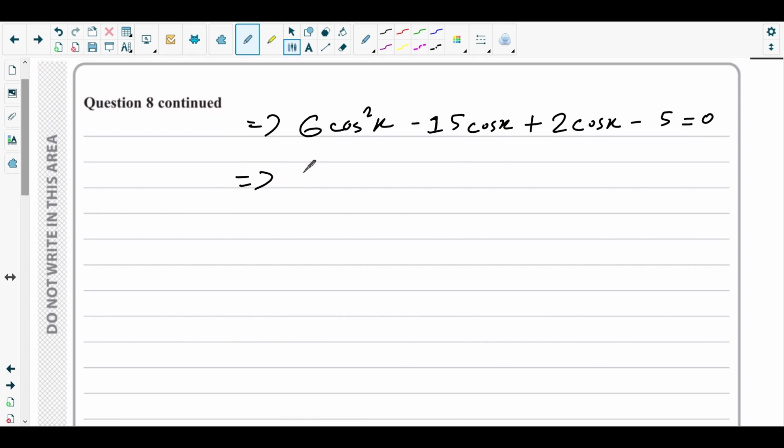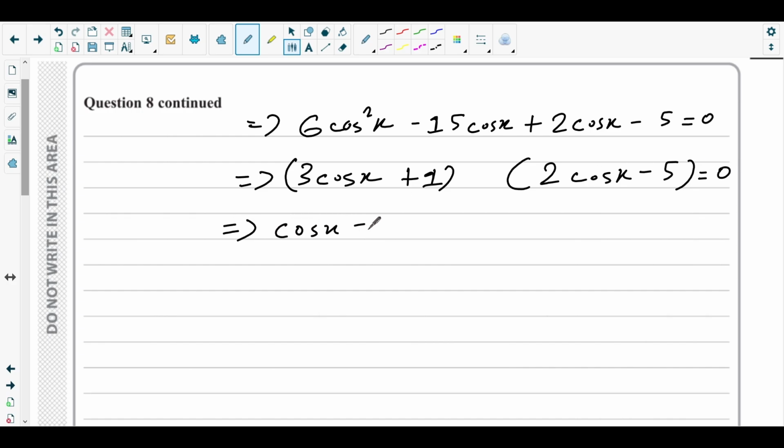Now we can take 3 cos x common from there. So you will have 2 cos x minus 5, and from there we can take plus 1 as common. So 2 cos x minus 5 remains as the factor. So either cos x equals negative 1/3 or cos x equals 5/2, which is 2.5.